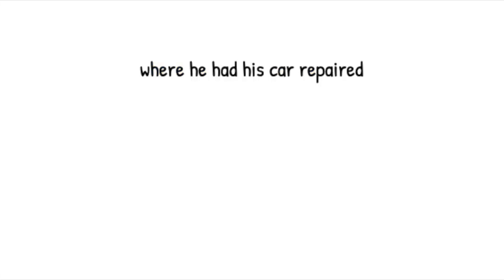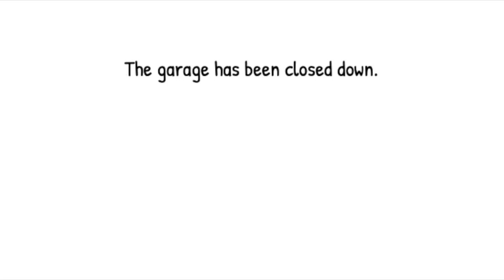If we took this relative clause out of the sentence and just left it on its own, where he had his car repaired, now this couldn't be a simple sentence or a main clause, as it wouldn't make sense on its own. The garage has been closed down. This is what would be left if the relative clause was taken out of the sentence from the middle.